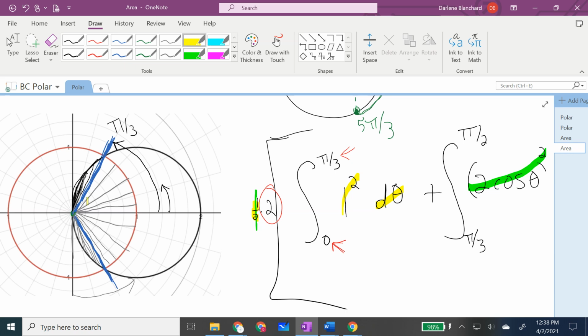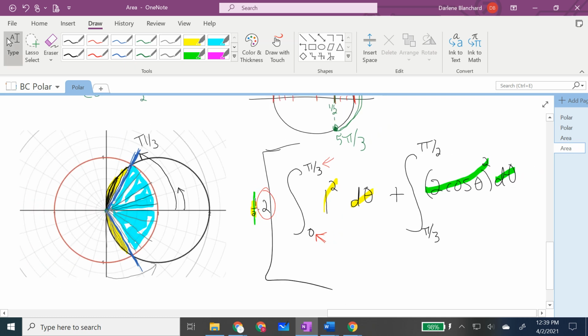Because I found just this section, which if I double it, gives me both of these. And then for going 0 to pi over 3, that got me this area. And when I double it, that adds in this area as well. Okay, that makes sense. I got it.